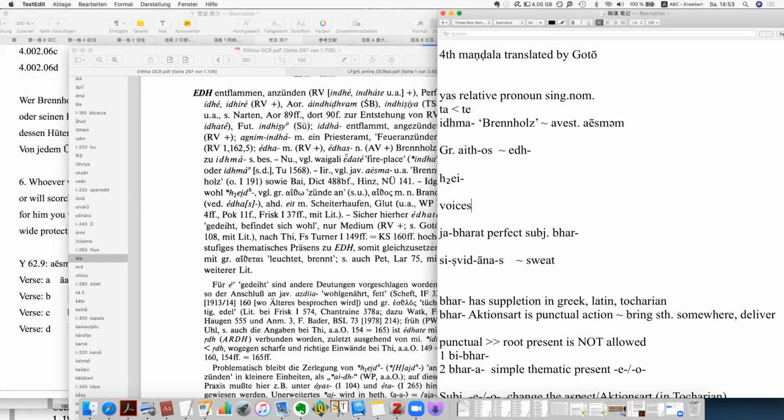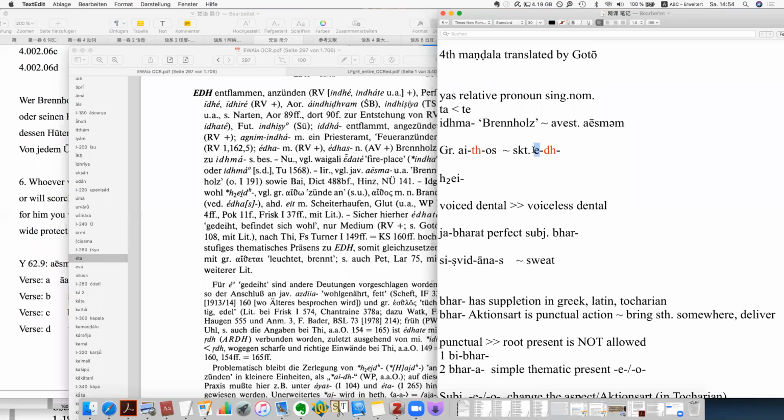voiced dental to voiceless dental. So this is voiceless, and in Sanskrit, so this is Sanskrit.